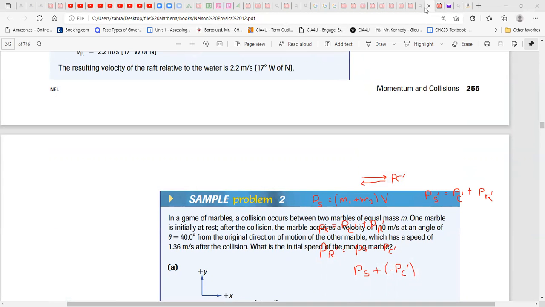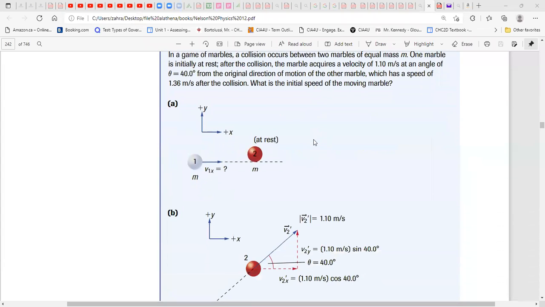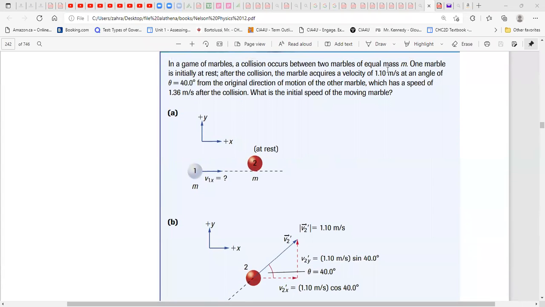Okay, let me erase that. Let's do another question. In a game of marbles, a collision occurs between two marbles of equal mass. One marble is initially at rest.